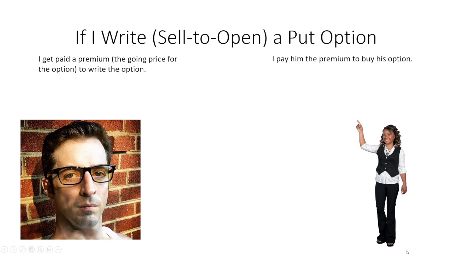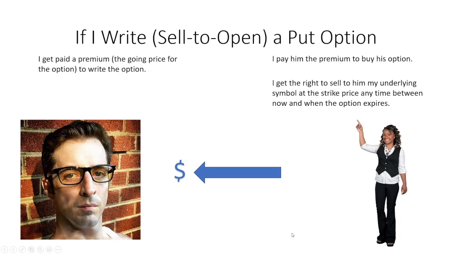And the person buying it from me is going to pay me that premium. Now, you see money going from their pocket into my pocket, but that money isn't for nothing. They're going to get the right to sell to me their underlying asset, their underlying symbol, at the strike price we negotiated any time between now and when that option expires.